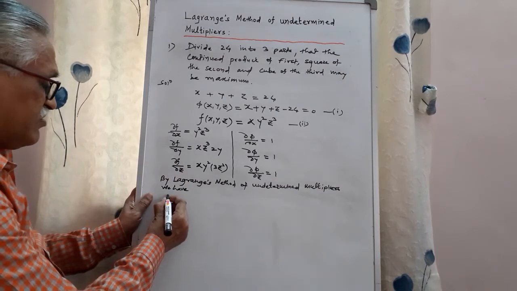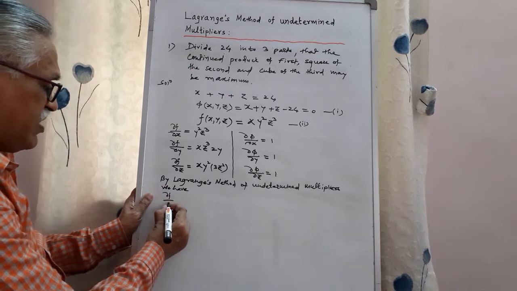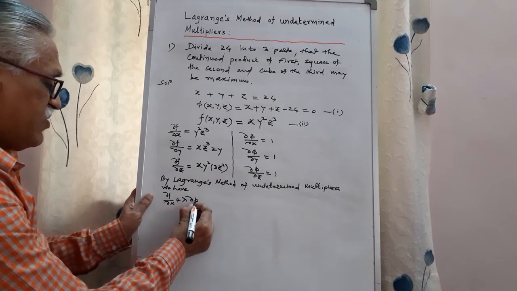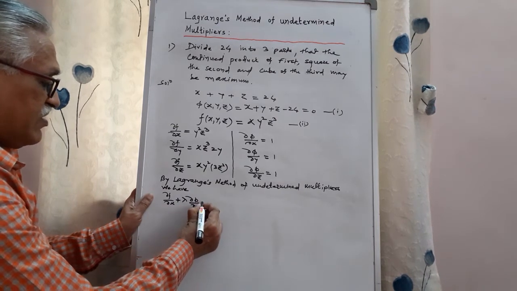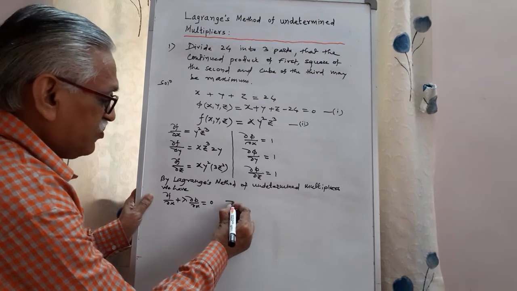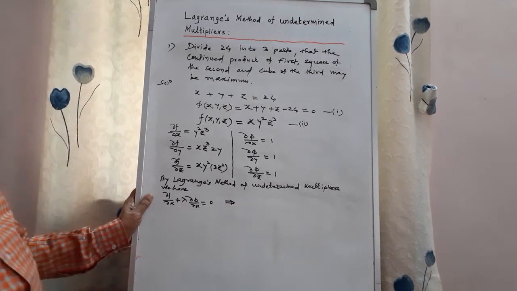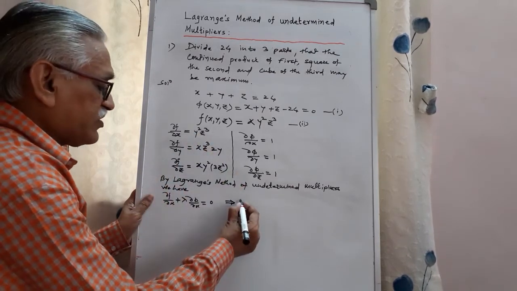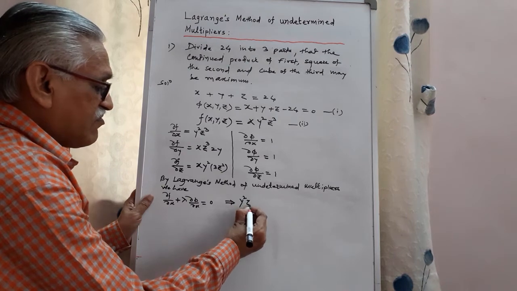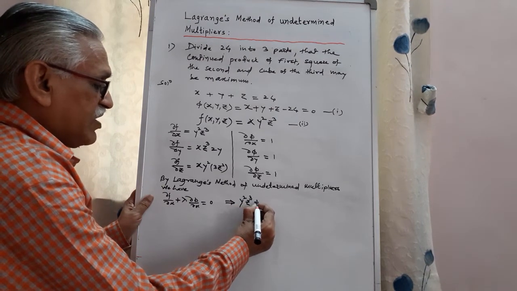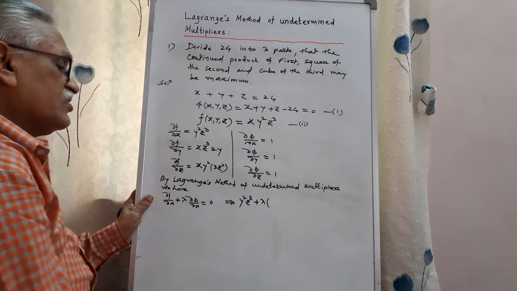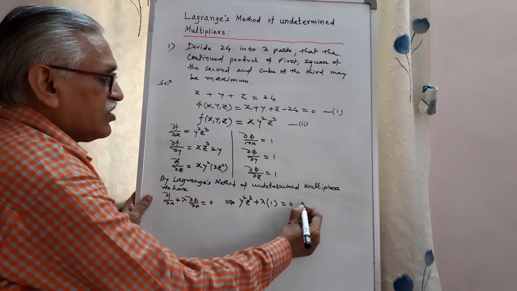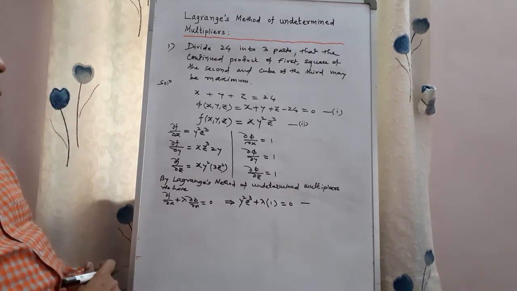The first equation is dou f by dou x plus lambda dou phi by dou x equals to 0. It gives you, substituting the values of dou f by dou x and dou phi by dou x: dou f by dou x is y square z cube, plus lambda into dou phi by dou x, which is 1, equals to 0. We call this equation number 3.